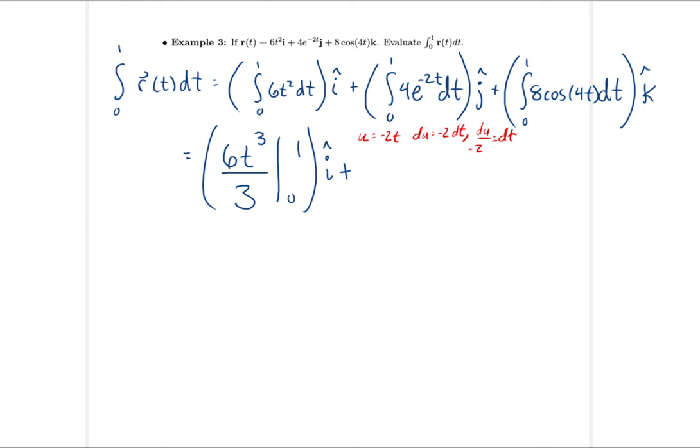So then what I get there is the integral of 4e to the u du over negative 2, and we also need to change our limits of integration. So put 0 in here, you still get 0, but put a 1 in there, you get negative 2.